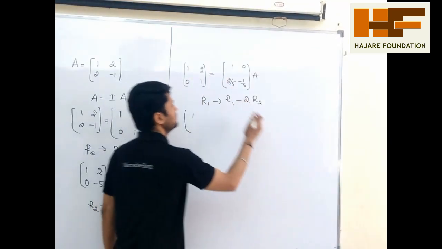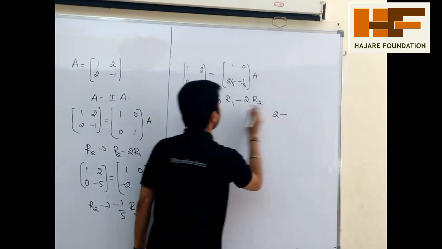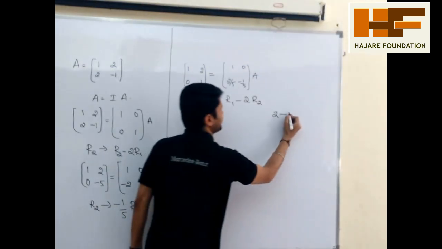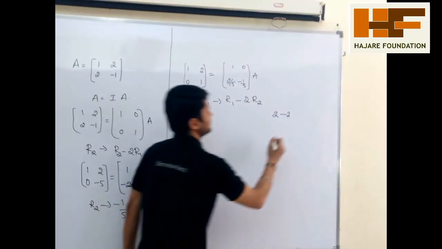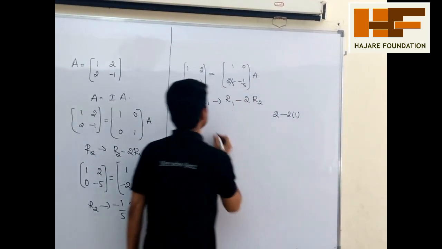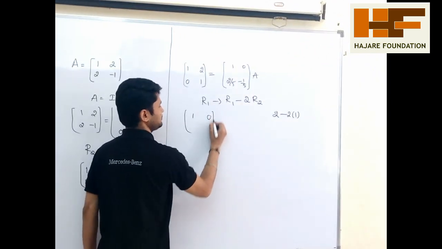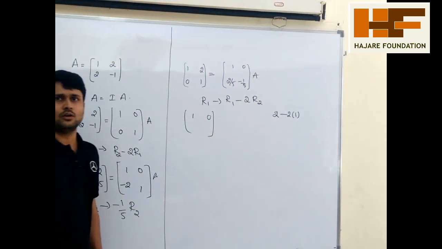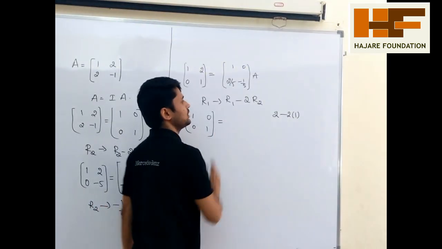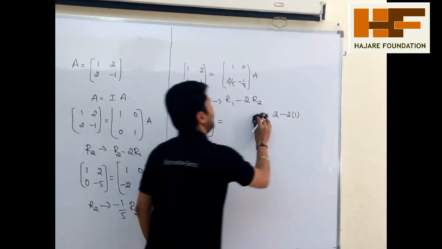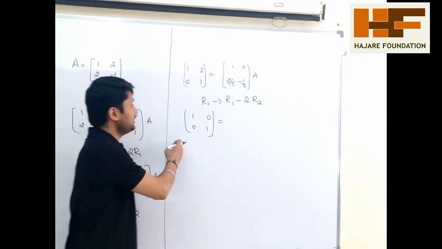Next, 2 minus 2 times the corresponding R2 element, 1. Simplification, 0. Right? Second row as it is, 0, 1.